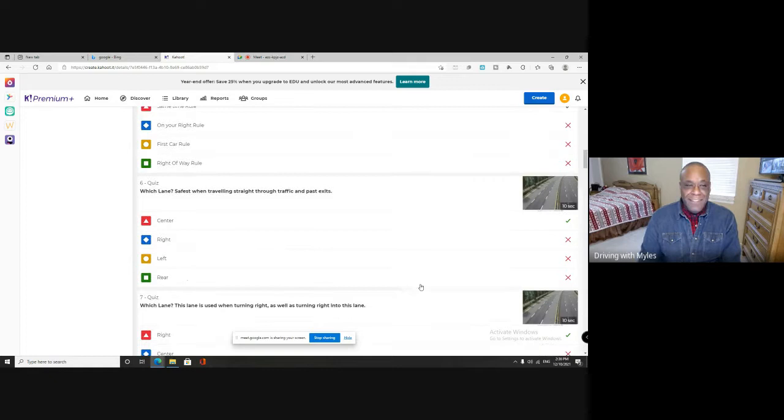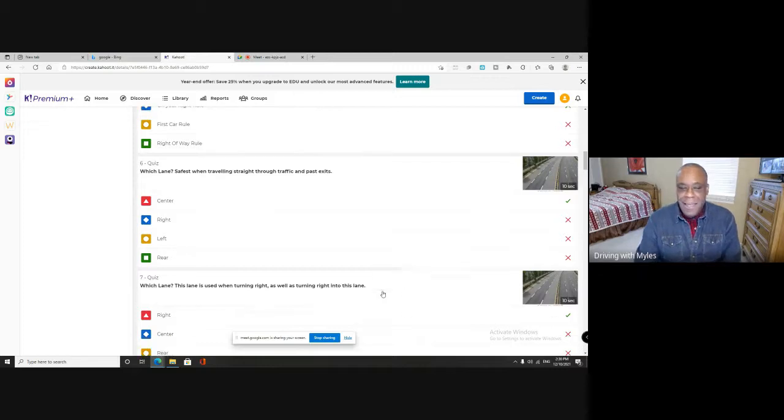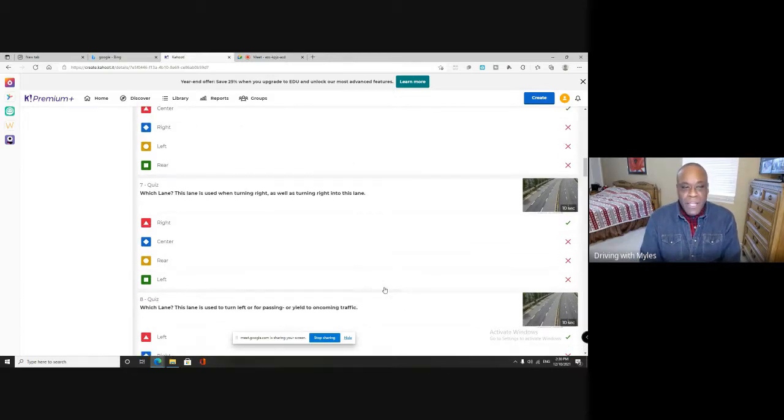Number six, which lane is the safest when traveling straight through traffic and past exits? This is the center lane or the smooth lane. Number seven, which lane is used when turning right as well as turning right into the lane?